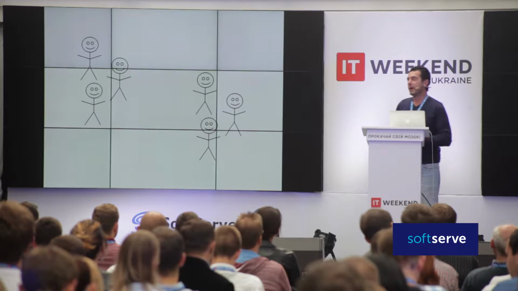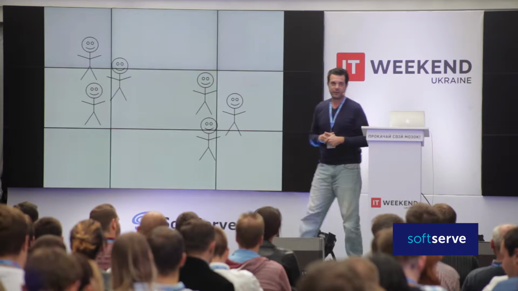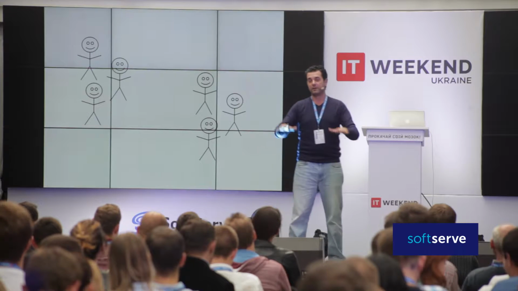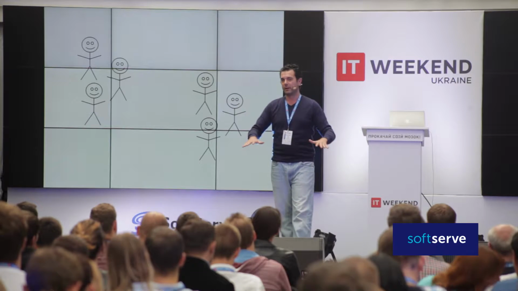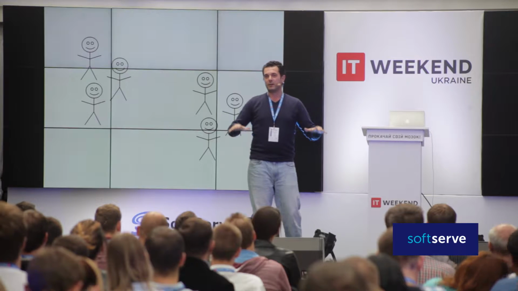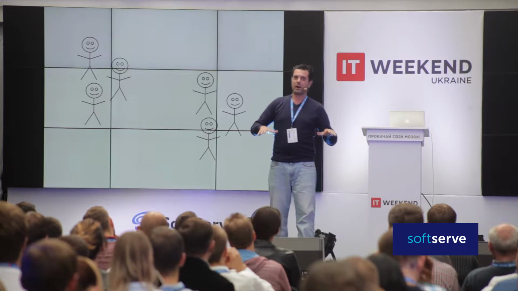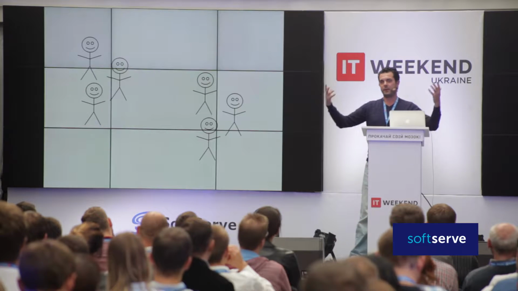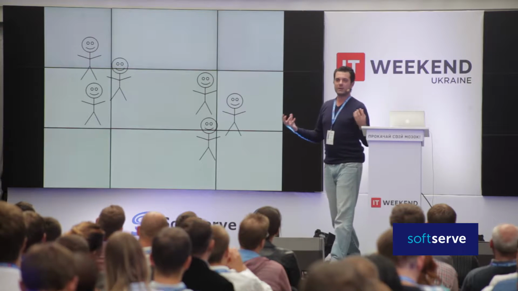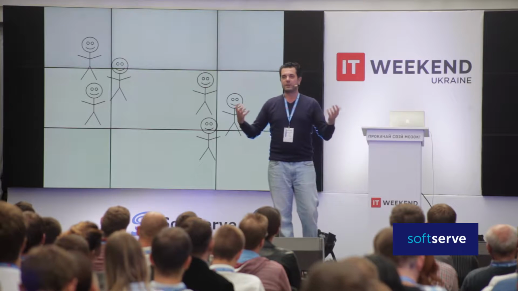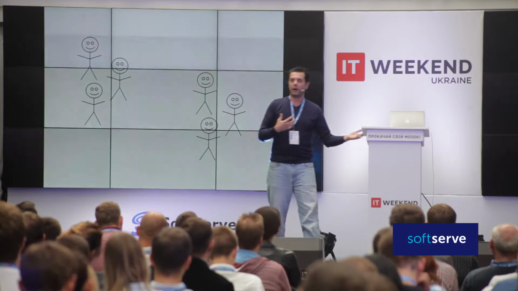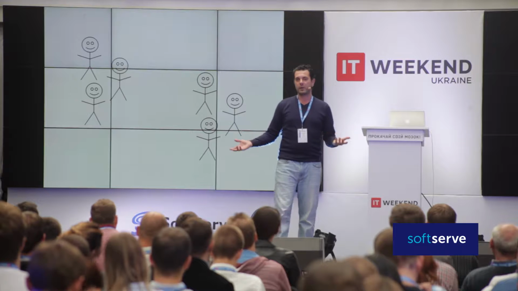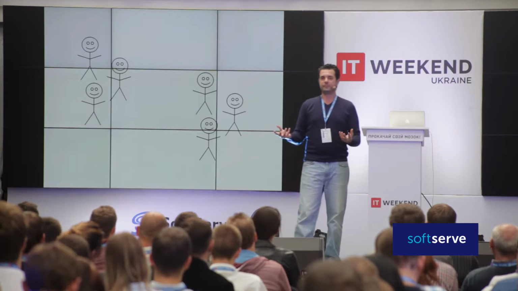For example, during conferences, the real conference does not happen here. This is just an excuse for people to meet up. But the real conference is happening in the lobby where people team up serendipitously, I would say, in small groups and chat. What do you do? Did you try Angular 2.0? And so on and so forth.